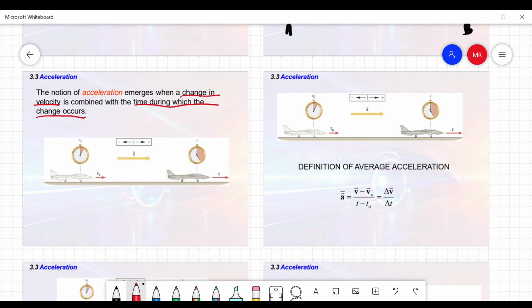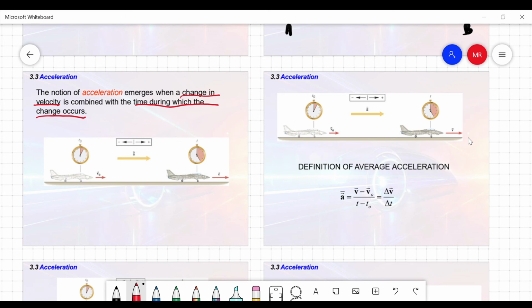Okay, imagine, again, balik tayo doon sa sample natin ng motorcycle. For example, again, you are riding your motorcycle. For example, you are traveling with a velocity of 40 kilometers per hour. Kaso, gusto mong medyo bilis-bilisan kasi malilate ka na.